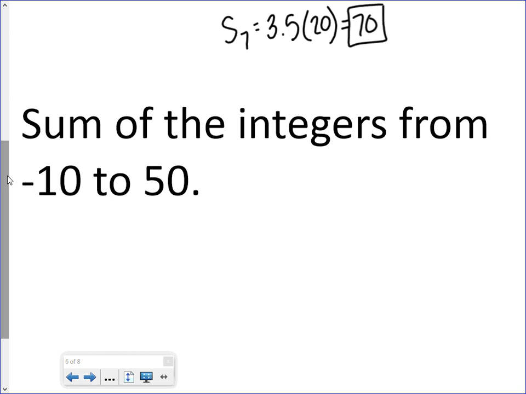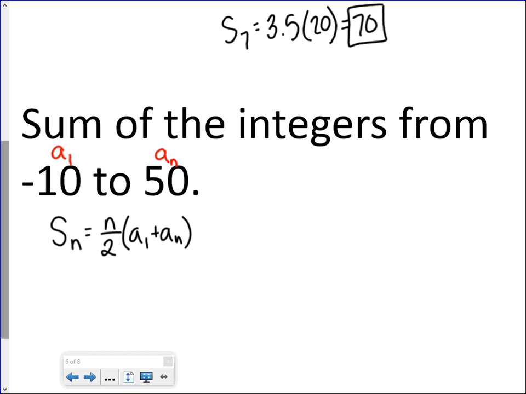So again, what I want to figure out is, how does that fit into my formula? S sub n equals n divided by 2 times the quantity a sub 1 plus a sub n. What's nice about this problem is -10 is going to be your first term, and 50 is going to be your last term.